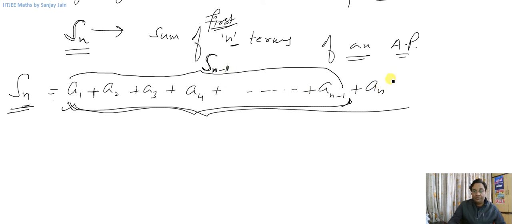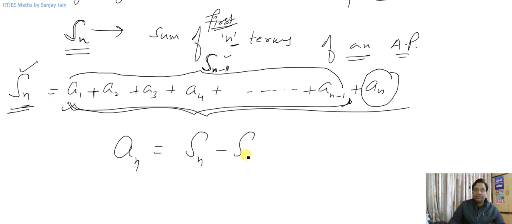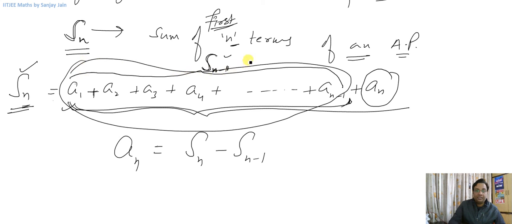Now if I have to calculate this nth term in terms of Sn and S(n minus 1), can I say that nth term is nothing but Sn minus S(n minus 1)? Yes, because this expression here is nothing but S(n minus 1), and I can take it on the left hand side. So Sn minus S(n minus 1) is equal to nth term.